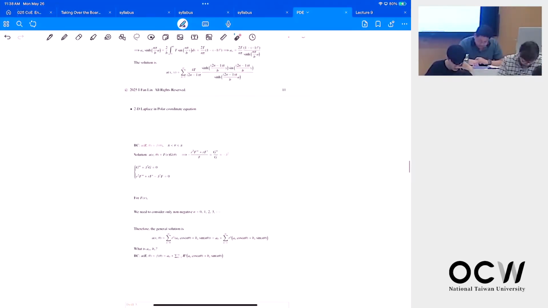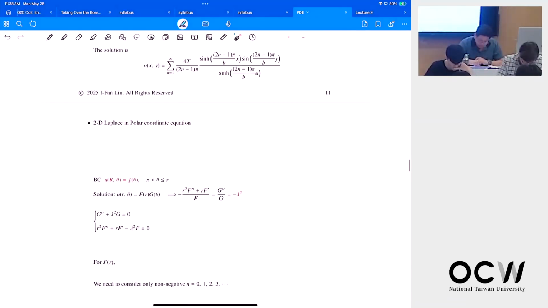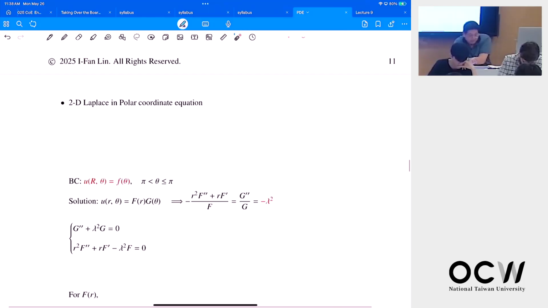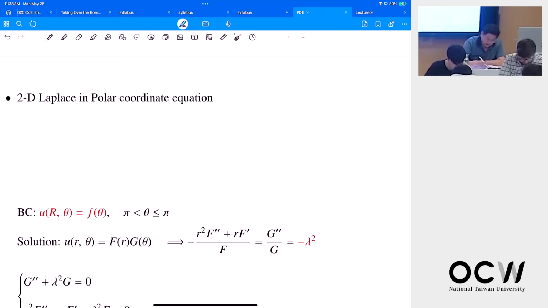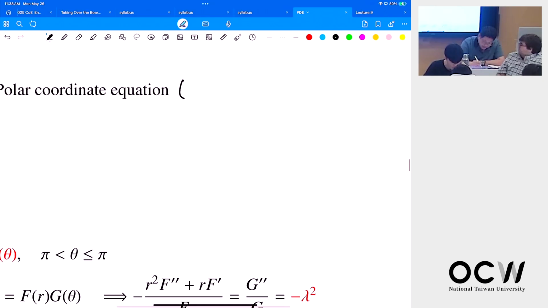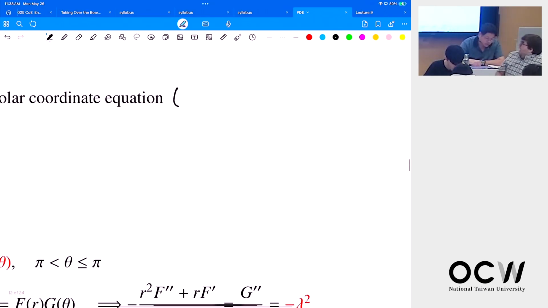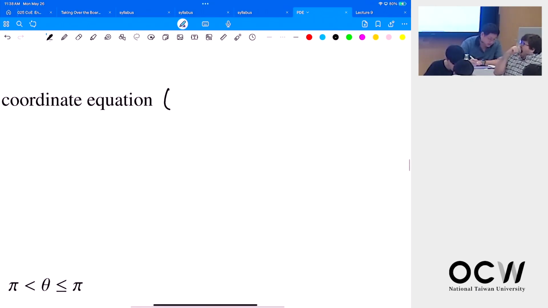Here we skip another one, the two-dimensional Laplace equation in polar coordinates. We still have time, so we can talk about this. This means the 2D Laplace equation in polar coordinates, it is a steady state temperature in a disk rather than in a bar.